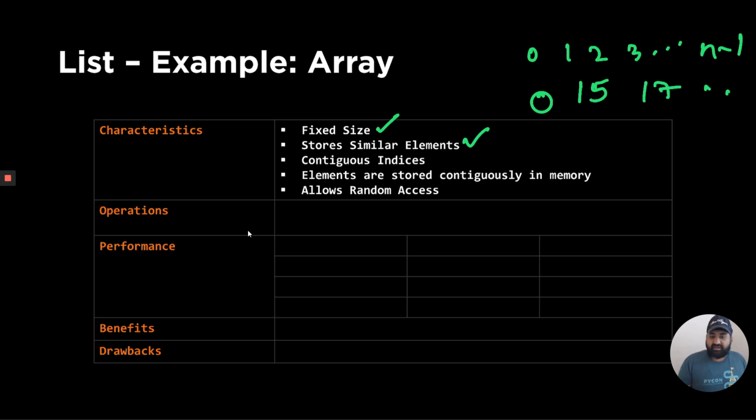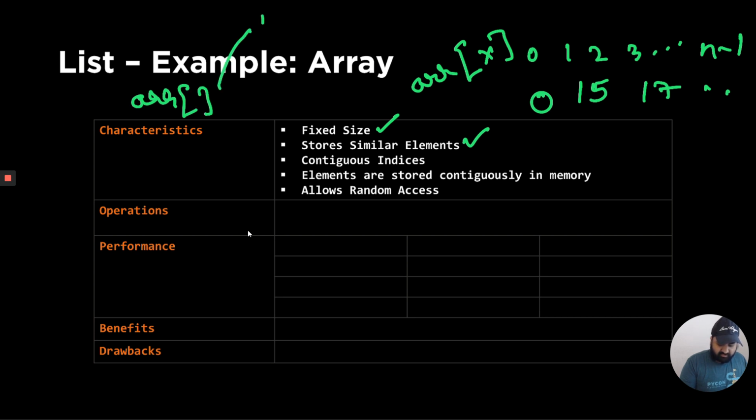And finally, it allows random access, which is if we have an array and we try to do something like array of x, we can go to that particular element using a formula: we have the array's head, or the location of the first element, and then we can multiply.